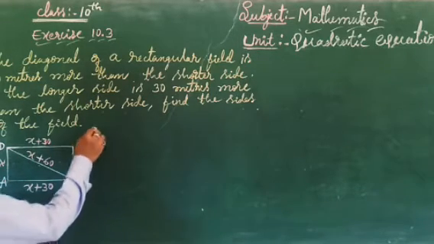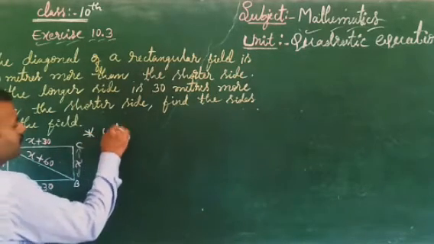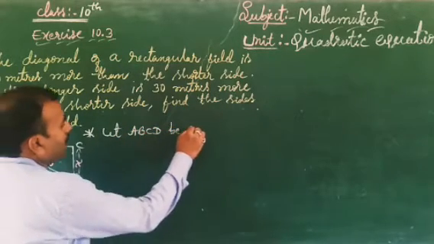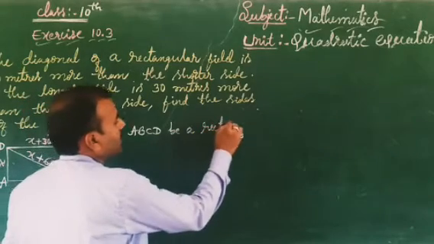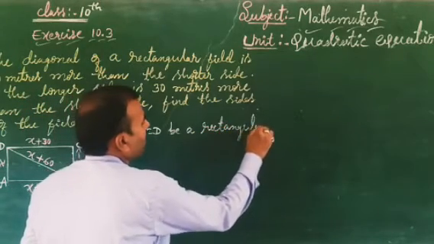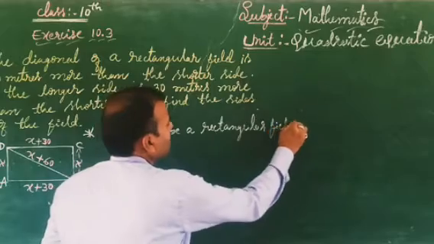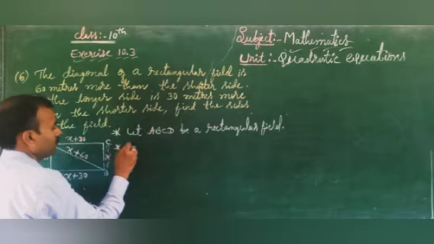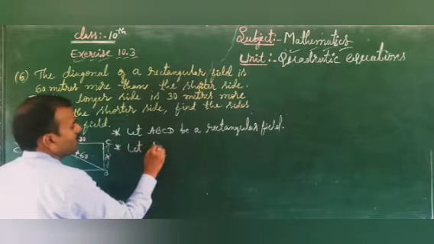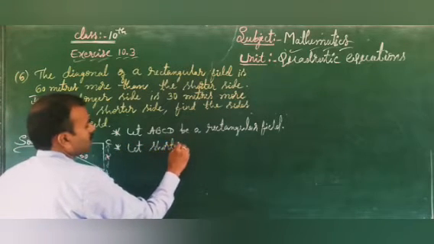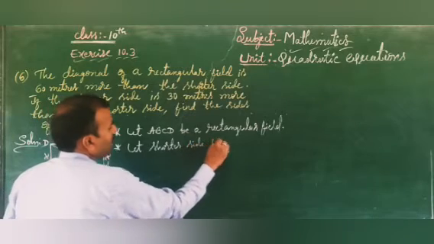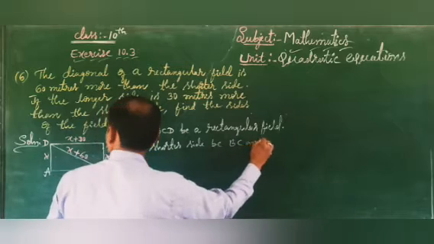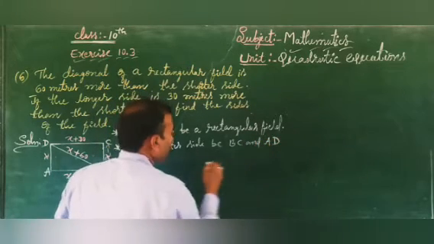So write down: let ABCD be a rectangular field, and let the shorter side be BC and AD.